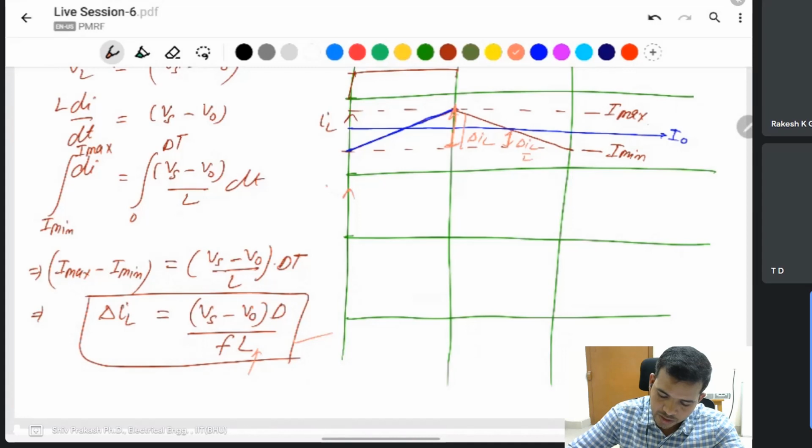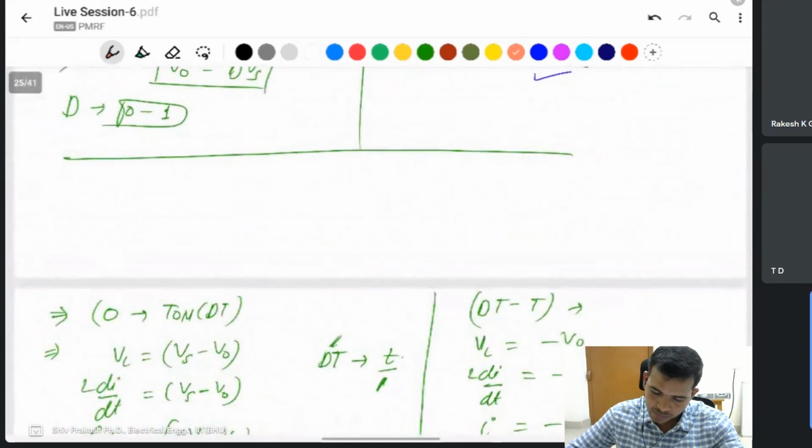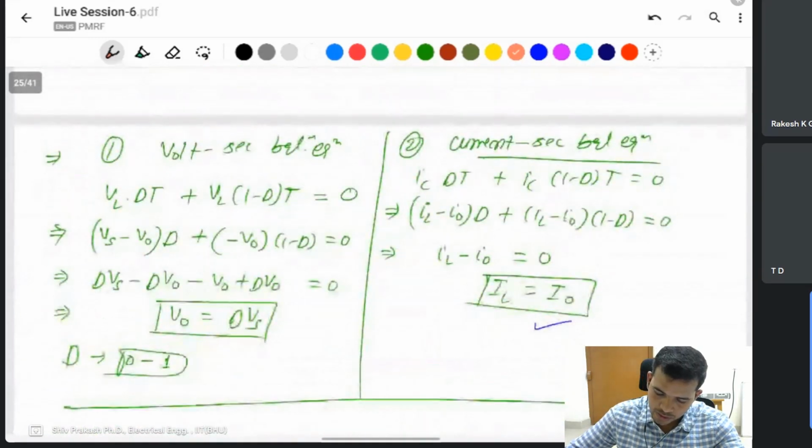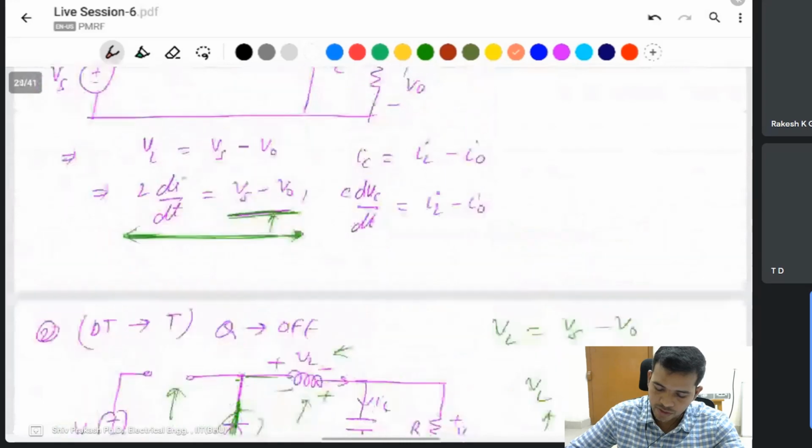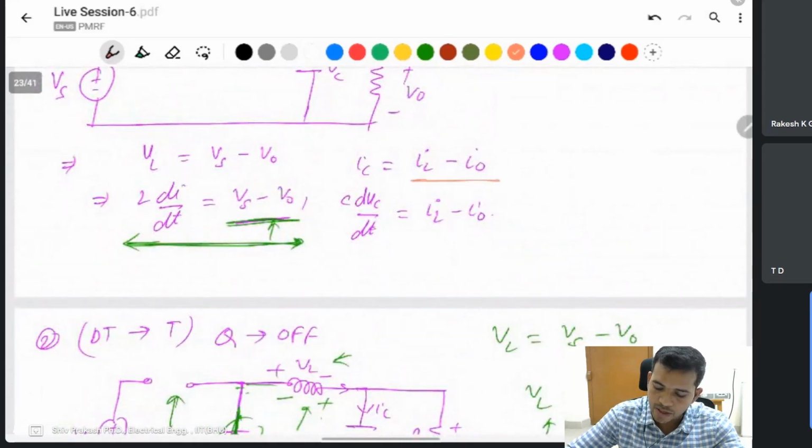What is the IC? The capacitor current. In both conditions, IC is IL minus I naught. If you take the average as I naught, then IC is IL minus I naught.